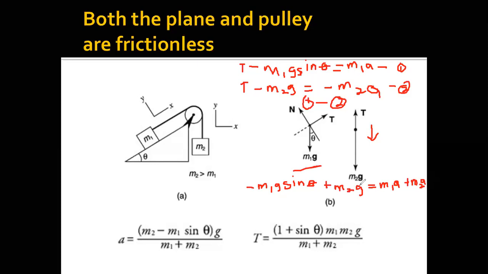So I'm going to rewrite and make the plus come first. So that will be M2G minus M1G sine theta. Oh, better still, let me just do the factorization at a go. So I'm rewriting and factorizing.